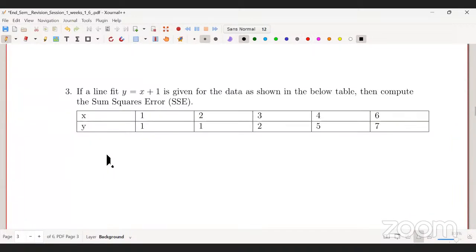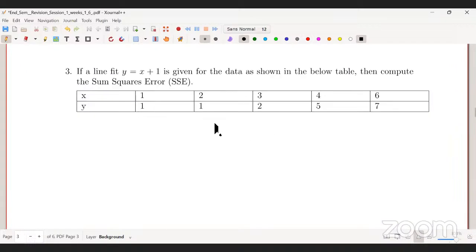Okay, so the next question is you need to find the best fit for this line with respect to this given data. In other words, you need to find the SSE, the sum square error of this line with respect to this given data.